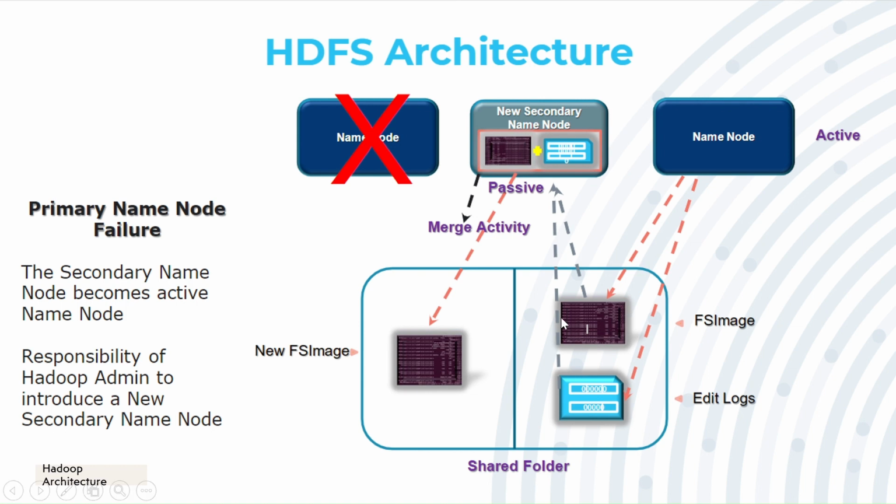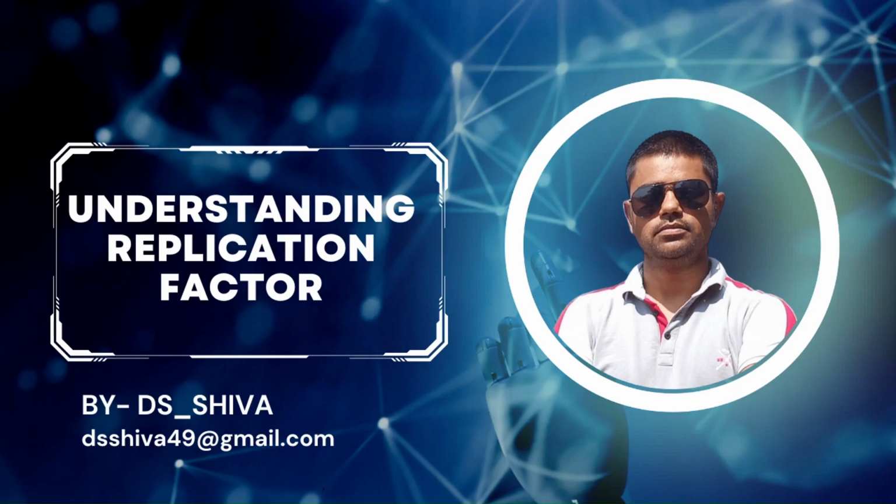So the secondary name node will start doing these things. Okay, and it will be the responsibility of the Hadoop admin to introduce a new name node, so that this fault tolerance will work properly again. Okay, now we'll understand the replication factor.